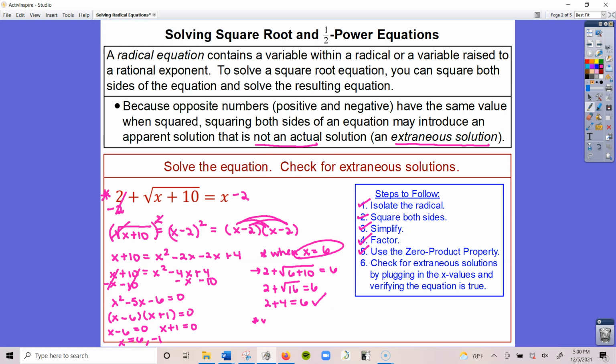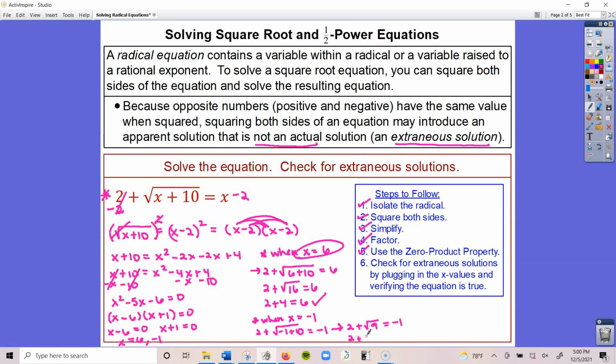Now let's try when x equals negative 1. I'm going to plug it in here to my equation. So 2 plus the square root of negative 1 plus 10 is equal to negative 1. Now when I work that out, I get 2 plus the square root of 9 is equal to negative 1.